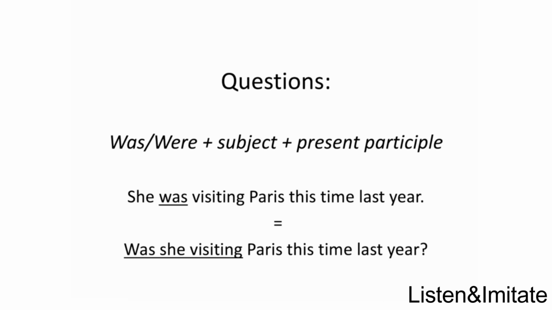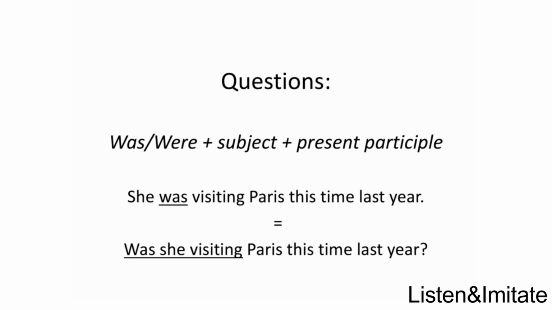Now, to ask questions with the past continuous, we place the auxiliary verb to be before the subject and follow the construction was or were plus subject plus present participle.